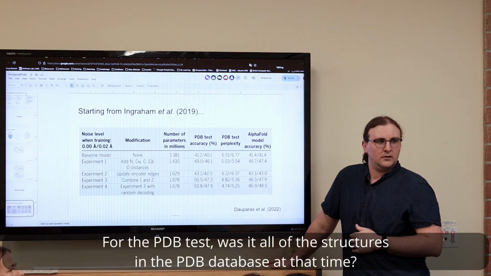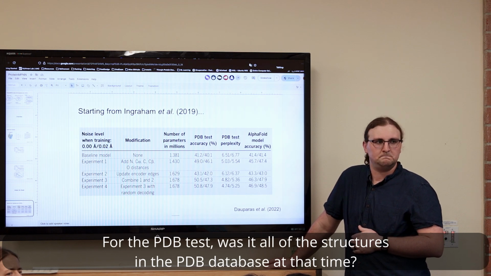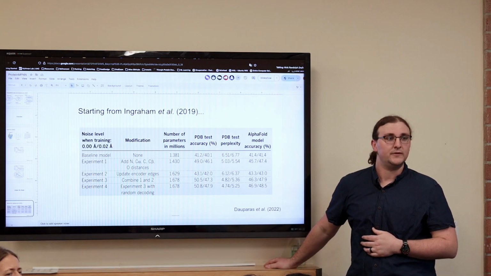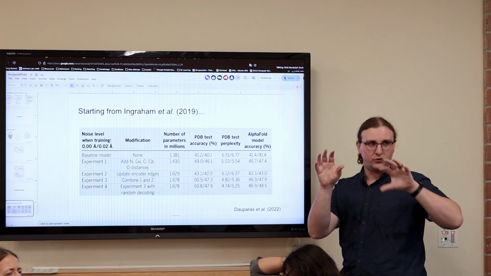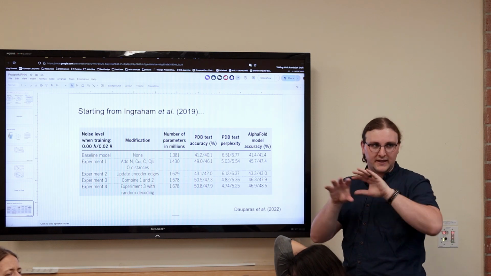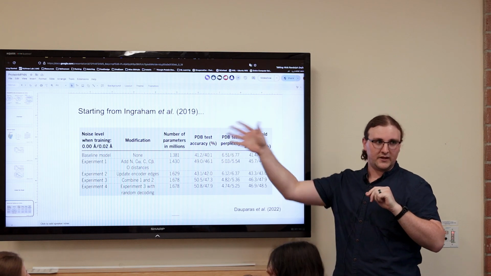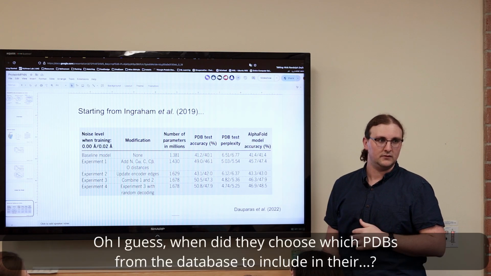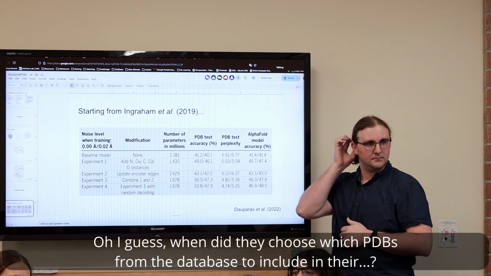For the PDB test, was it all the structures in the PDB database at that time? It's a test set. So they have all the PDB structures. They split it into their training, validation, and test set. They held the test set away, did all the optimization on the model, and then they evaluated it on the test set. How did they choose what PDBs from the database to include?